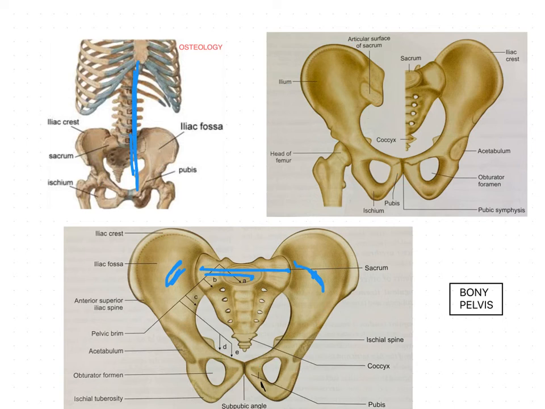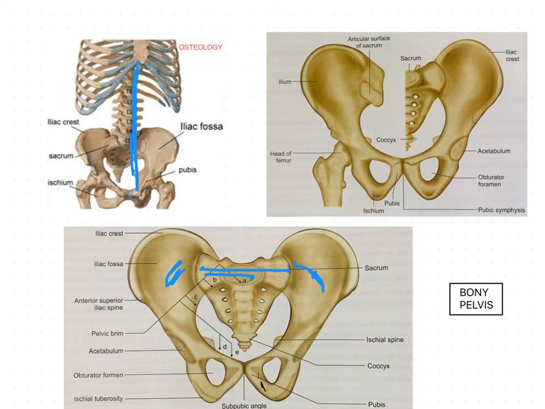The anterior part is covered by the abdominal muscles, so there is no anterior bony wall in the lower part of the abdomen. Which one is this? The greater pelvis, or false pelvis. So it doesn't have any anterior bony structure, and it forms the false pelvis.